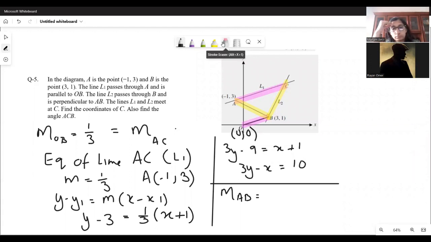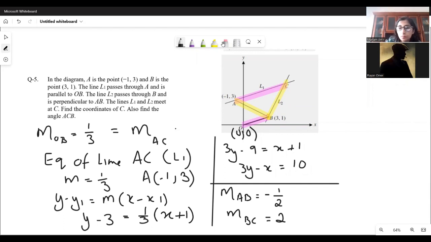Miss, -1/2. Yes, -1/2. Therefore the slope of AB is -1/2. So the slope of BC, which is perpendicular to AB, is going to be 2, the negative reciprocal of that.